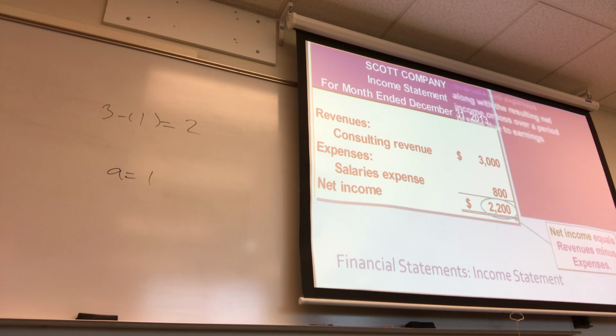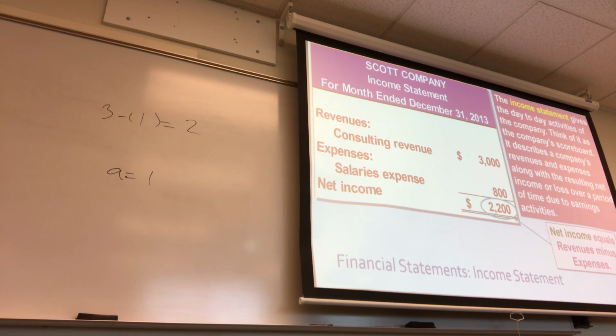So let's start with the income statement, right? The income statement gives the day-to-day activities of the company. So it's like the scoreboard. We're in the midst of football season, so it's like the scoreboard. It describes the company's revenues and expenses along with its resulting net income, right?